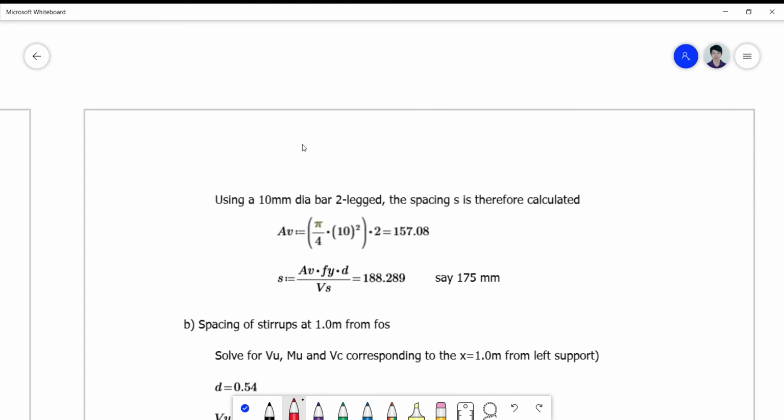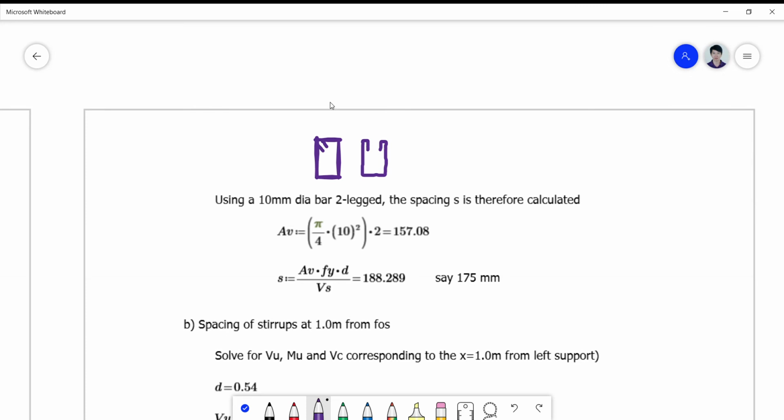So the stirrup here may be a closed stirrup or an open stirrup, depending upon the purpose of providing seismic stability or for ordinary beams.